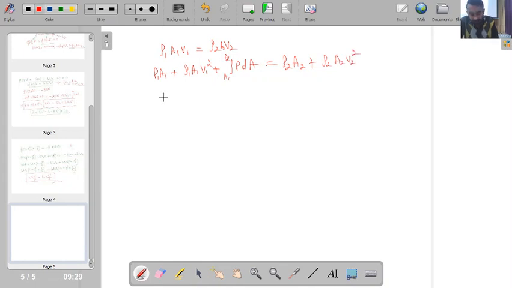And third one is H1 plus V1 square by 2 equal to H2 plus V2 square by 2. Okay, so now from the first equation I can simply say that rho AV is equal to constant.